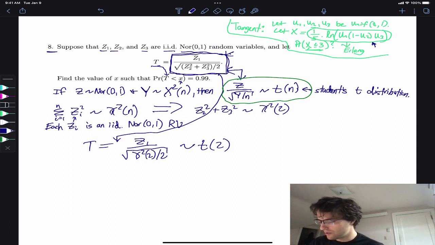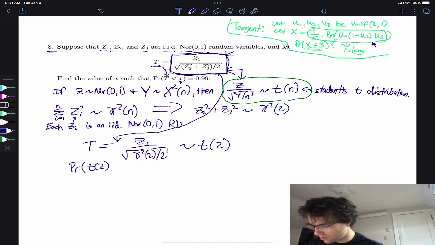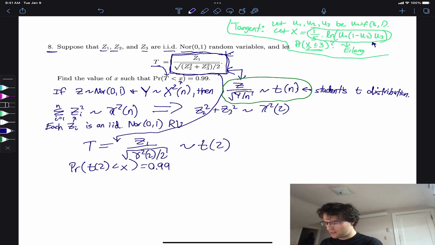And so what we want to do is find x such that the probability that a student's t distribution is less than x equals 0.99.